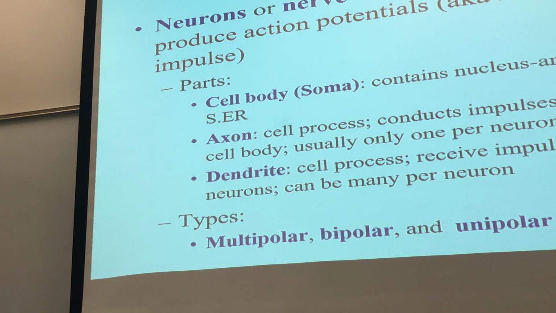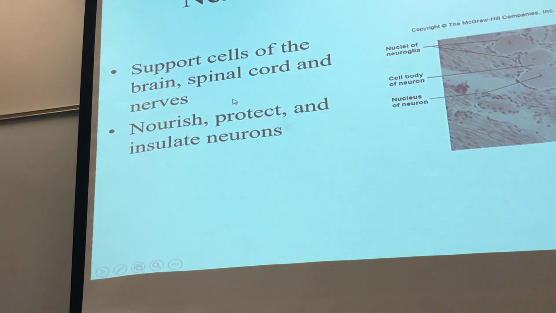The last type of category is nervous tissue. Now, in terms of nervous tissue, we usually think of only neurons. Neurons are the functional cells of your nervous tissue. But we're gonna see later on, and we'll talk more about it, that we have a lot more what we call neuroglial cells, support cells.